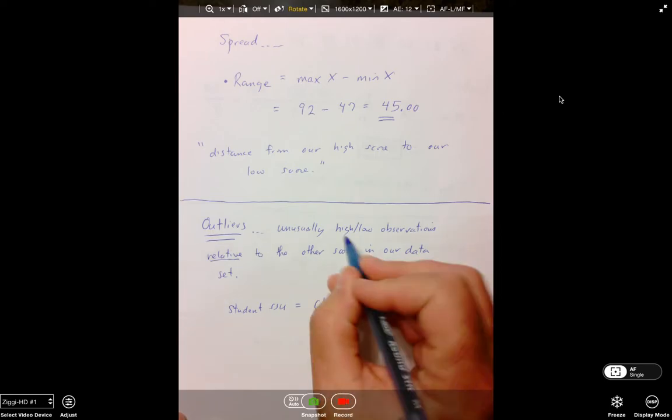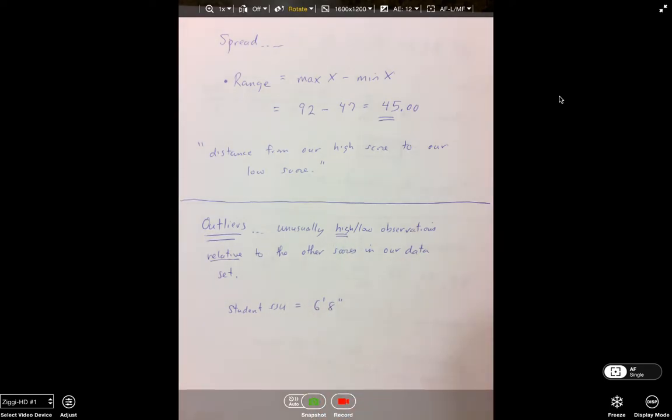It would be clearly a high observation compared to other students. However, if we were examining this height for NBA basketball players, this would be very typical, and in fact, it'd be very close to the mean. So we wouldn't expect 6 foot 8 to be an unusually high or low observation in NBA basketball players.